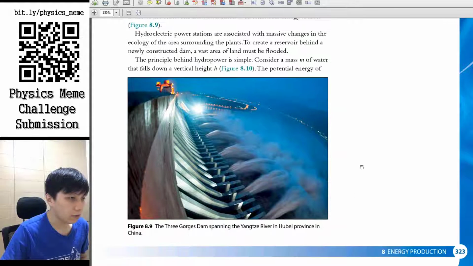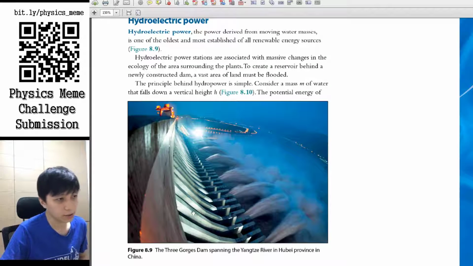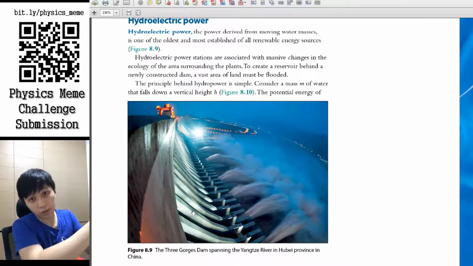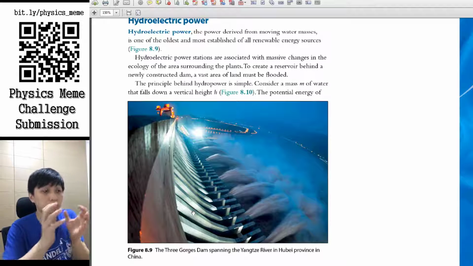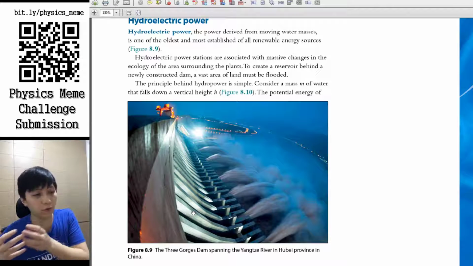So first of all, the basic working principle of hydroelectric power, as you can see on the screen, is simply by releasing the water from a high position to a lower position, then that gravitational potential energy will be released and transformed into kinetic energy.